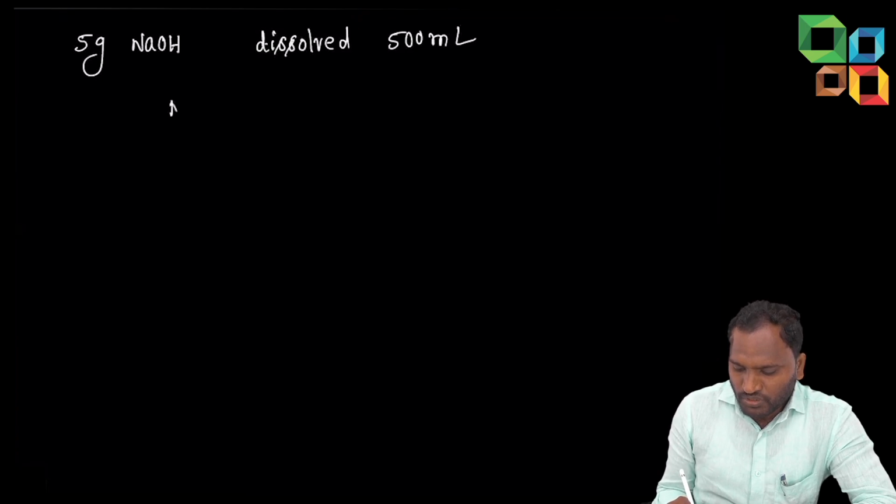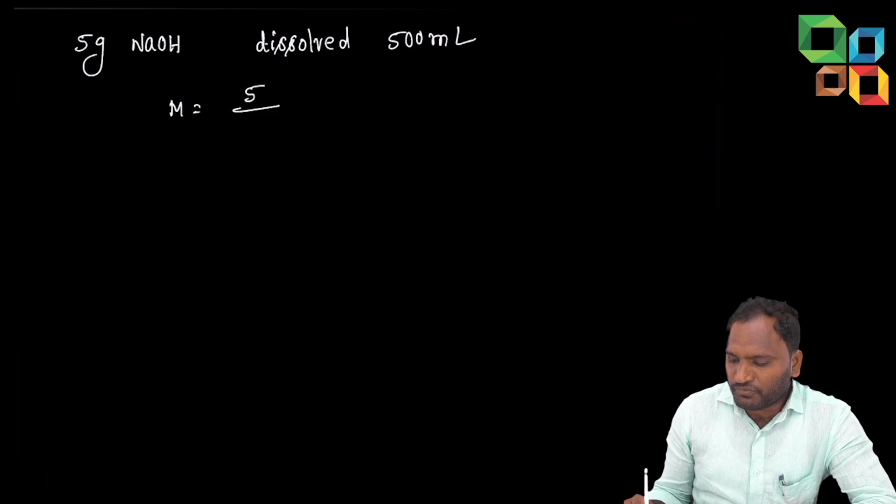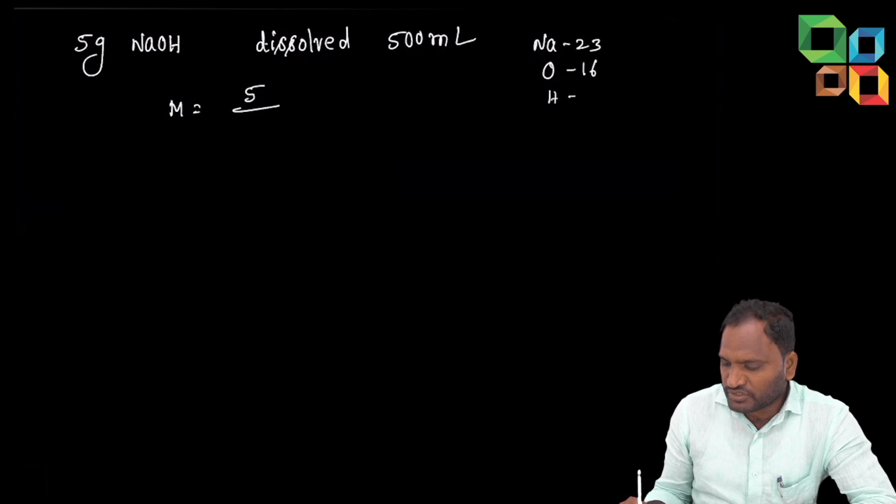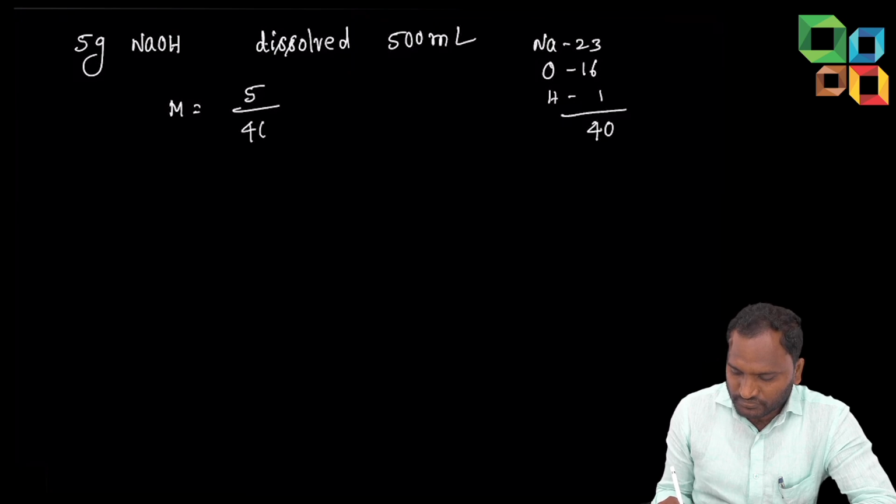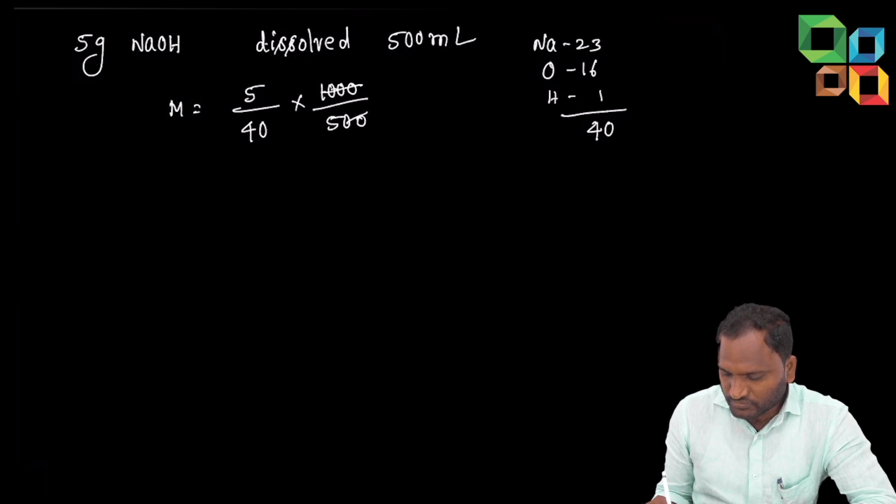Now what you have to do: molarity is equal to weight 5 gram by molecular weight of NaOH. Sodium is 23, oxygen atomic mass 16, hydrogen 1, so 40, into 1000 upon 500. 1/4.